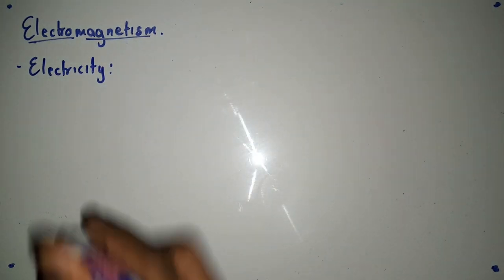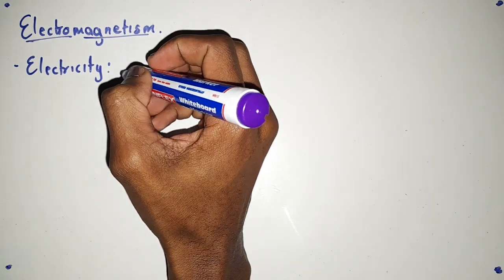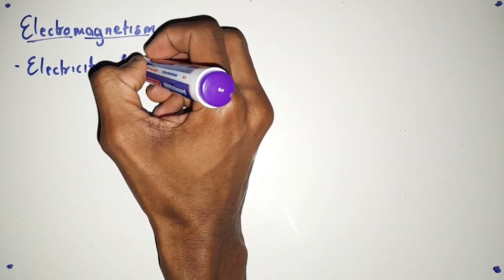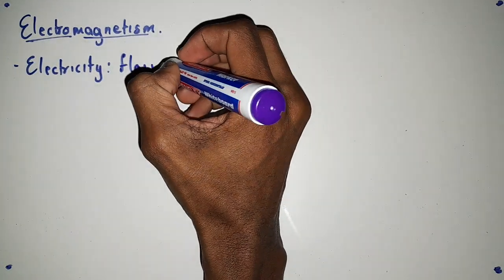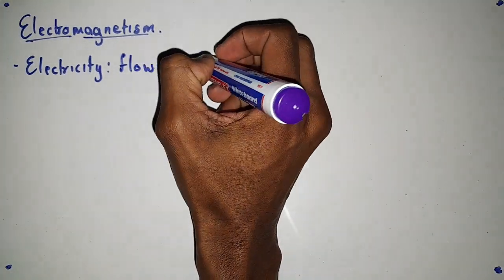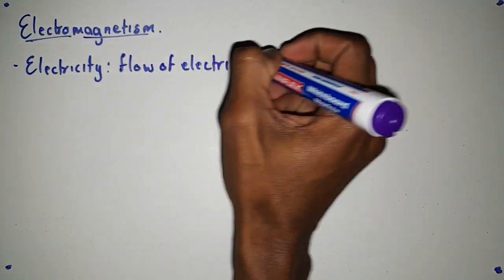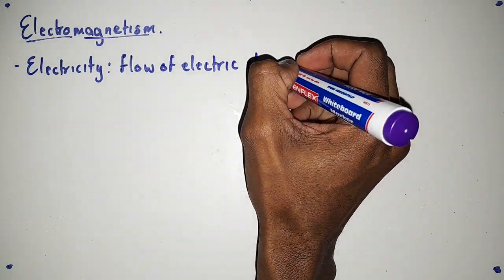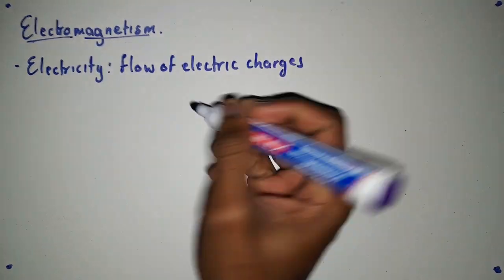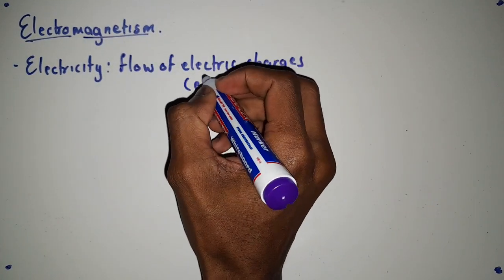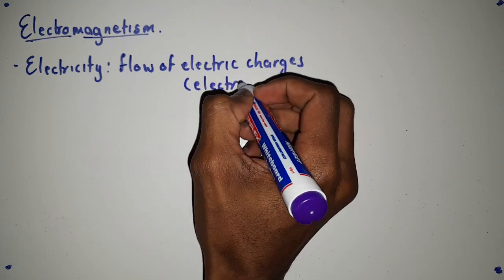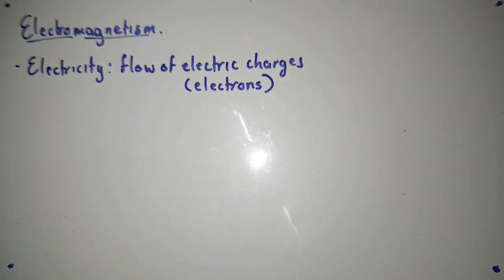I know that you know that the concept of electricity has to do with the flow of electric charges, which are electrons to be specific. You understand?